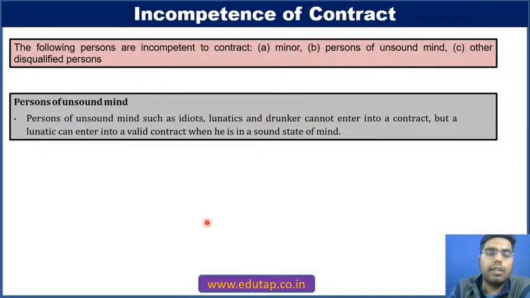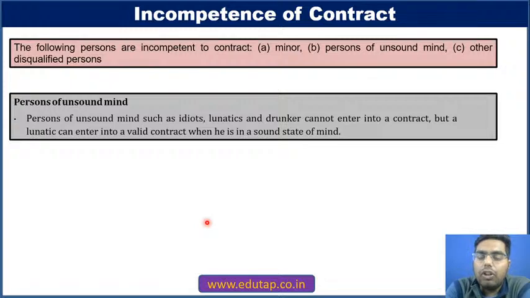Next is about person of unsound mind. Persons of unsound mind like idiots, lunatics, drunkards cannot enter into a contract, but a lunatic can enter into a valid contract when he is of sound mind. Idiots mean mad only.